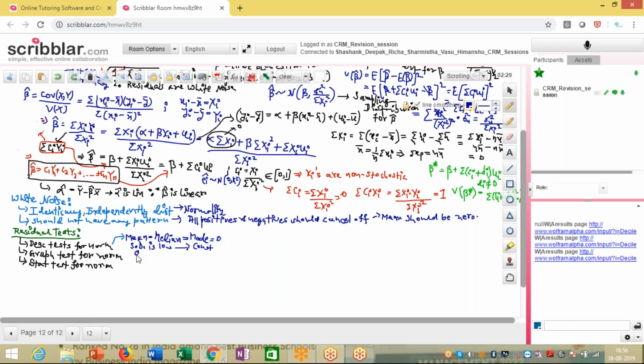Then we'll also look into the Q1 plus Q3 value divided by 2, the midpoint of Q1 and Q3, which should be equal to the median, which is 0 or a value very close to 0.